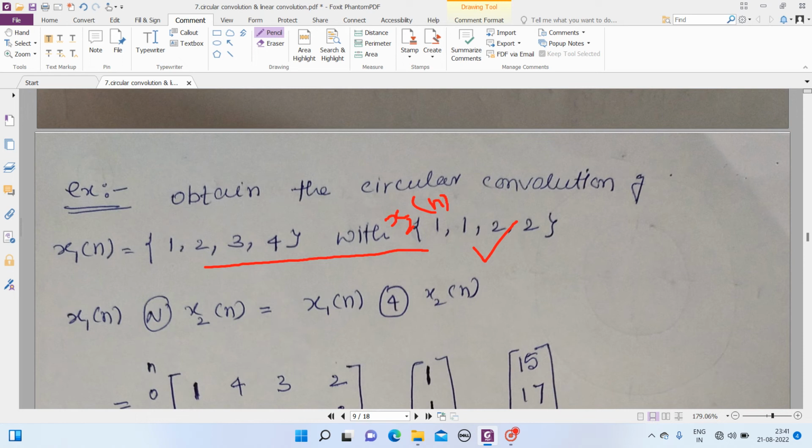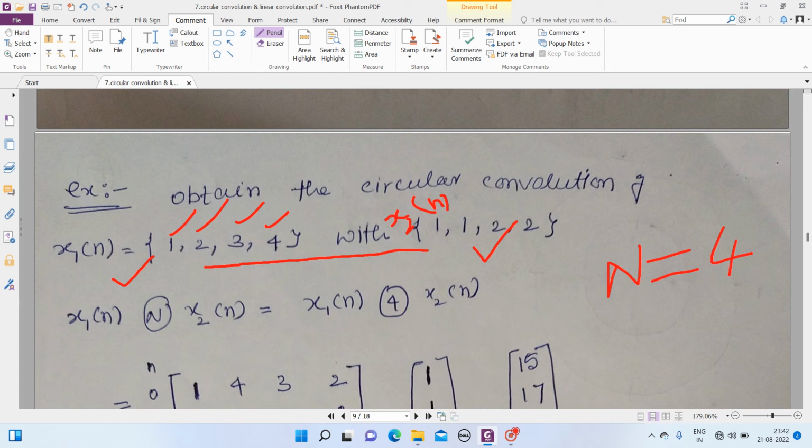Here they have not given the number of points. Once you see the sequences, you have to determine the sequence length, that is, how many points we have to find the circular convolution for. 1, 2, 3, 4. It is N equal to 4, a 4-point circular convolution.